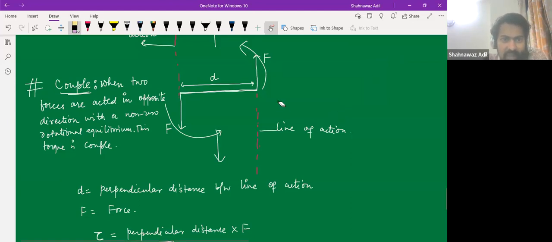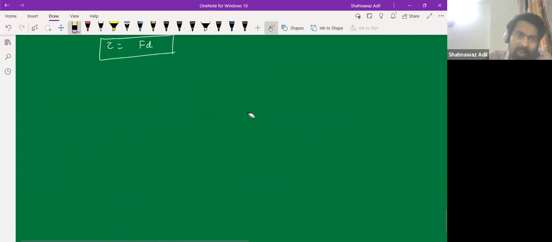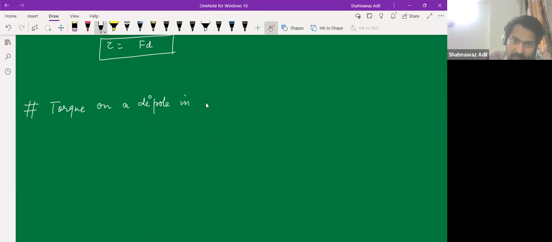So a similar thing happens when we put a dipole in a uniform external electric field. Torque on a dipole in a uniform external electric field.